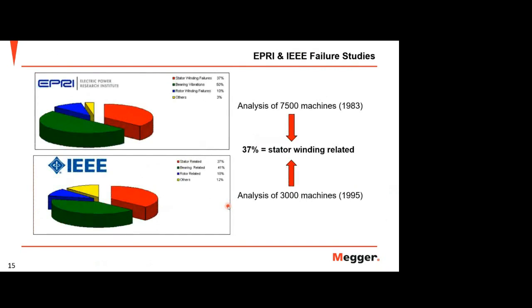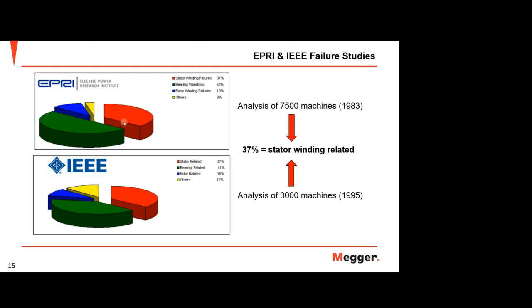This is some information regarding the EPRI and IEEE studies. You can see here from these two document studies of many machines, they mention that 37% of failures come from the stator winding. So this is why I talk about the stator winding, because most failures come from the stator winding. You can see this both from the 7,500-machine study and the 3,000-machine study from different publications, showing the same rating.